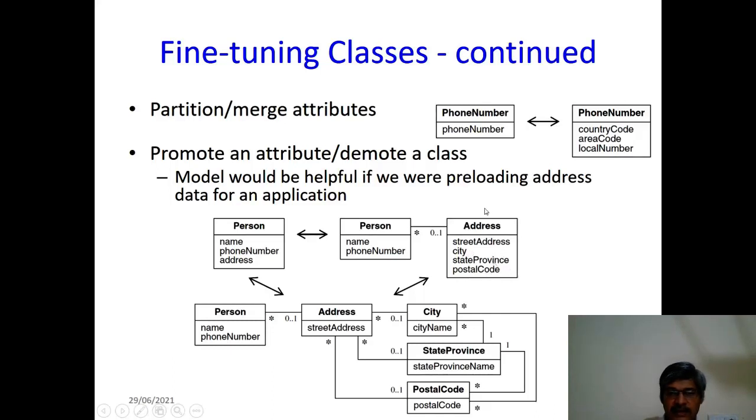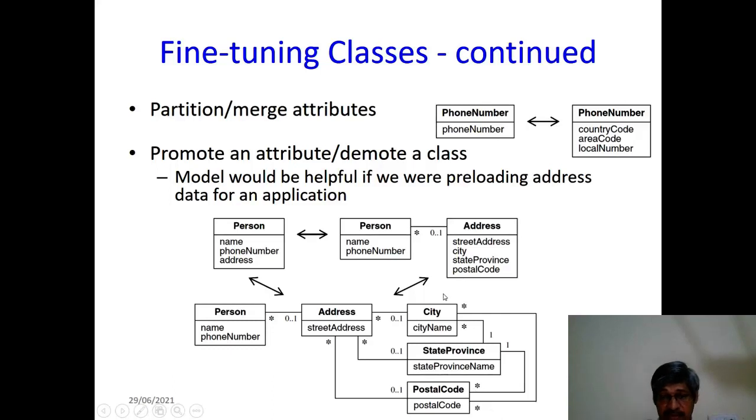Alternatively, what you can do is even this address itself, you can make it into several subclasses and then have proper associations for that one. Say for example, the address itself, you can put a street address as one of the attributes. And then everything else, say for example, the city name, the state, province name, and postal code, you can have subclasses.